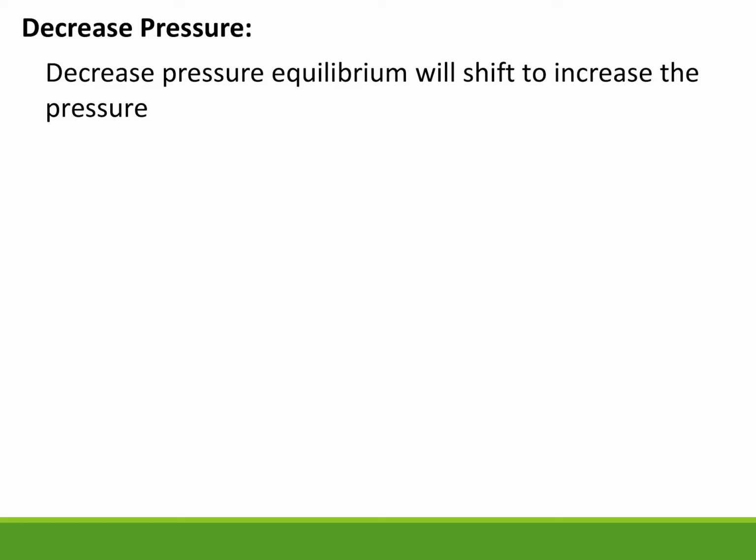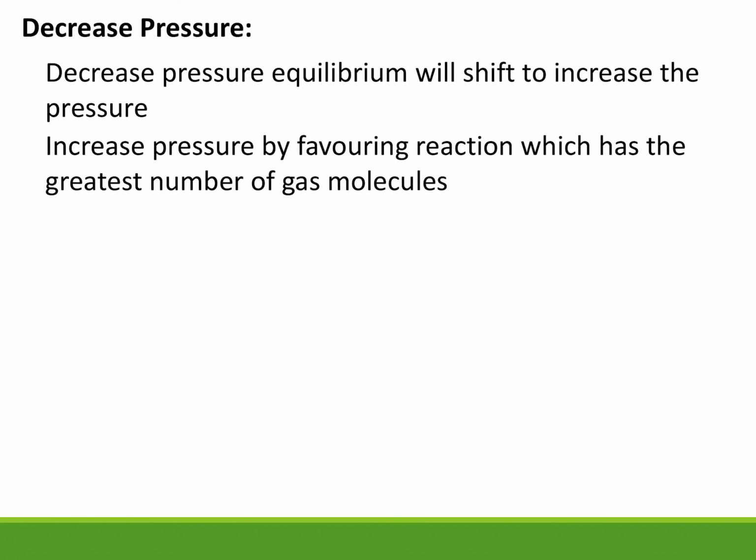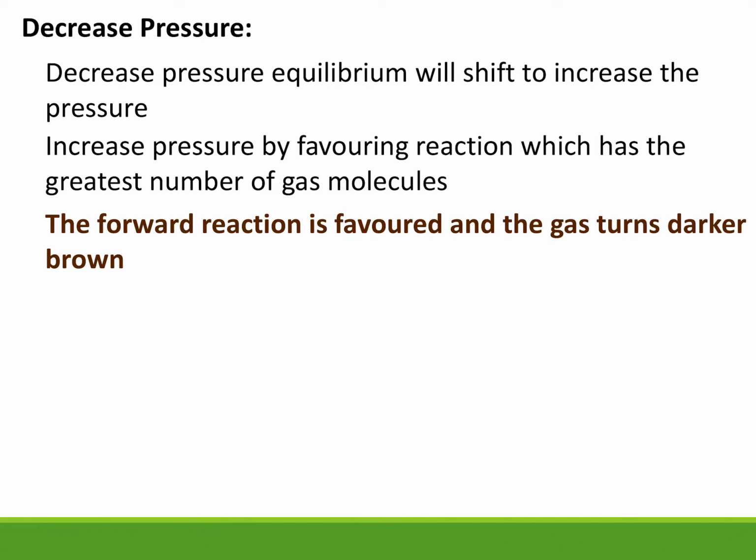So decreasing the pressure in equilibrium will shift to increase the pressure. Increasing the pressure favors the reaction which has the greatest number of gas particles. So the forward reaction is favored because there's the biggest number, and the gas turns darker brown.